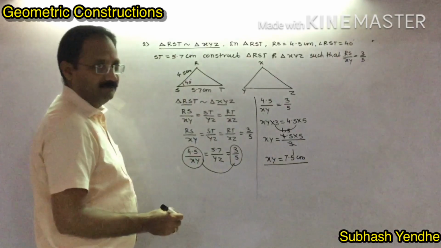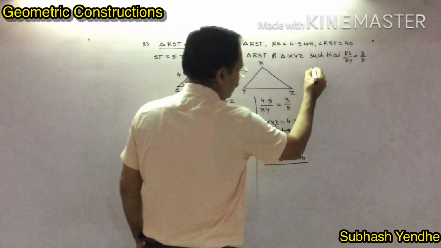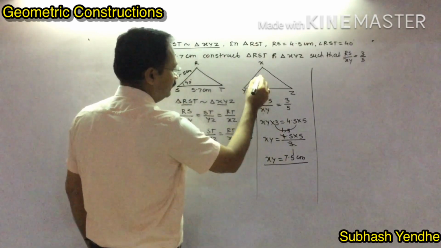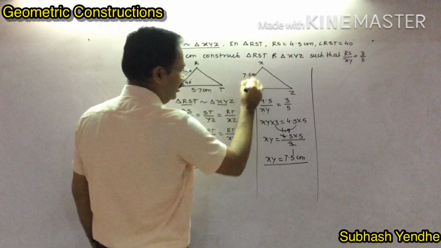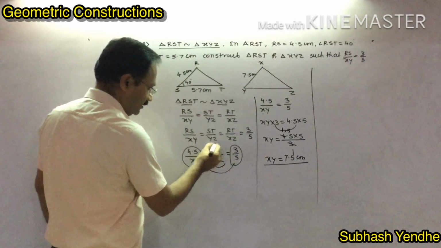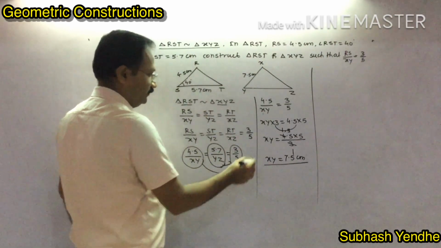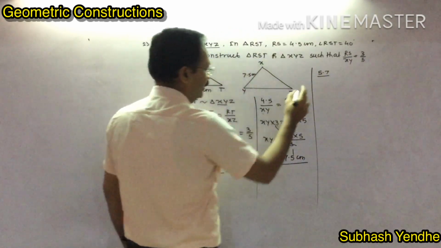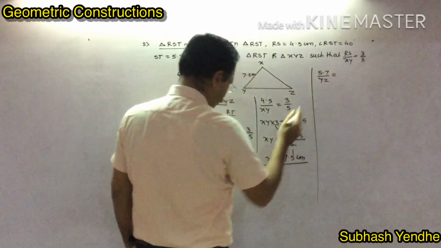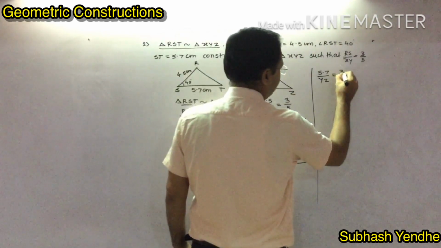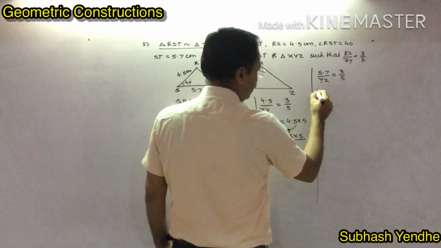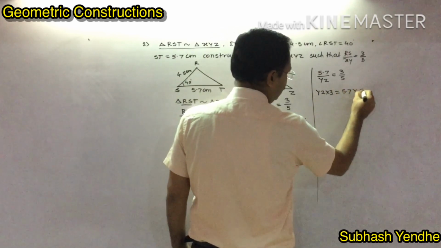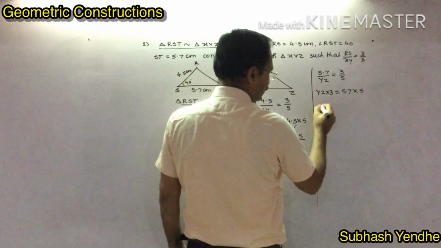So 7.5 centimeter here. Now I want to find the remaining one. So here I am going to write XY is 7.5 centimeter. I am going to take this ratio with this one. So 5.7 upon YZ equals 3 upon 5. Cross multiply: YZ into 3 equals 5.7 into 5. Now 3 goes on that side.